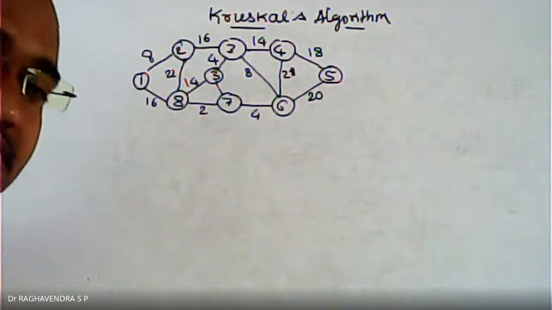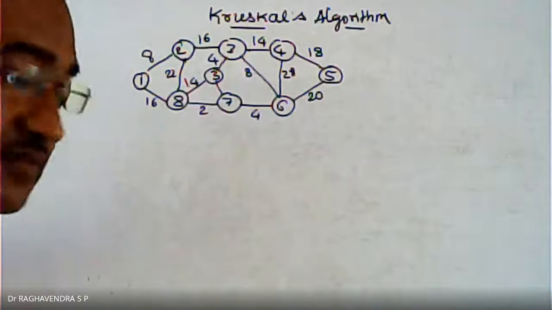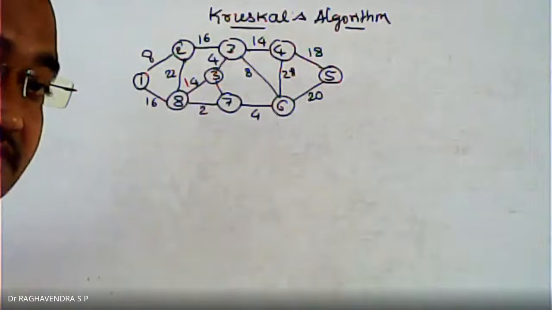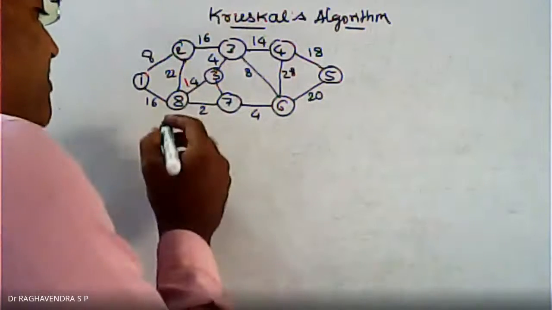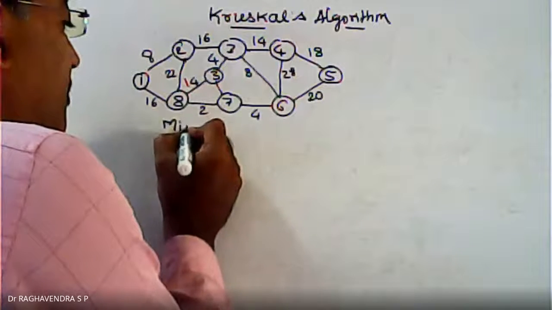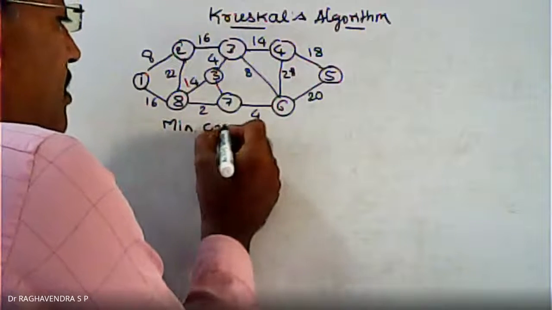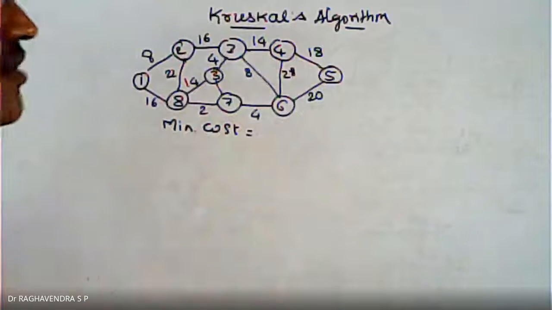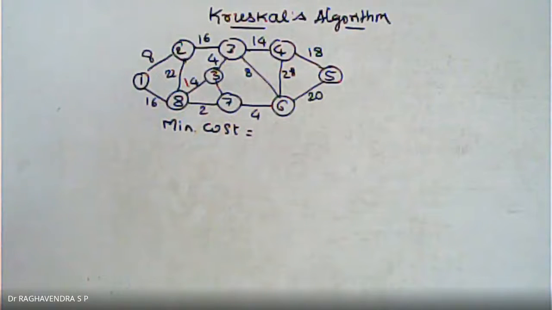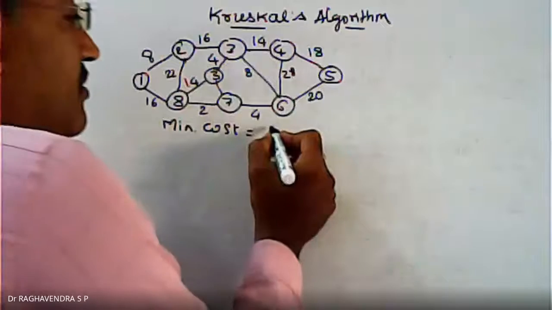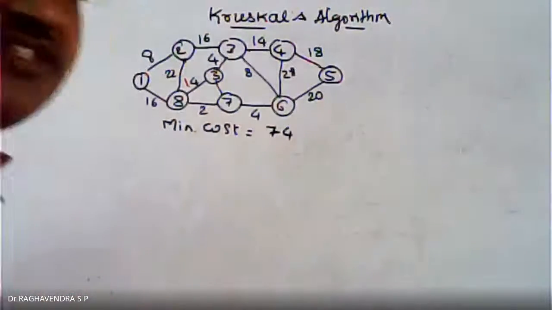Yes or no? We have already solved it, sir. Okay, what is the minimum cost? 74. Okay, so let us check.